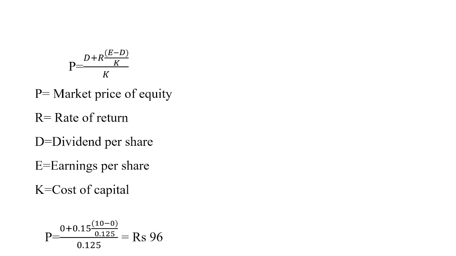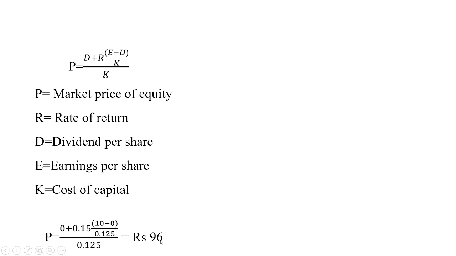Price of the share P, the market price of the equity share, is equal to dividend plus rate of return into earnings per share minus dividend per share divided by the cost of capital, that is the capitalization rate, whole divided by the cost of capital. So, in this case, the dividend is 0 plus the rate of return 15%, 0.15 into 10 minus 0 divided by 0.125, whole divided by 0.125, which is equal to rupees 96.